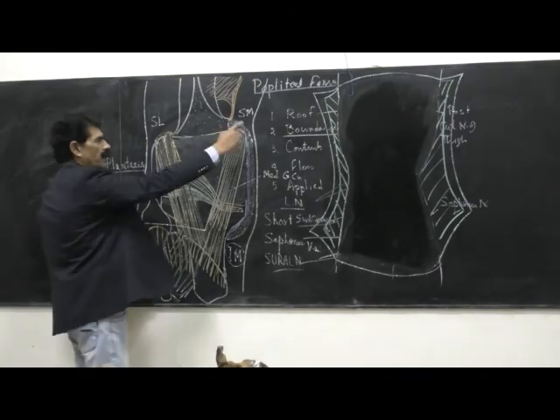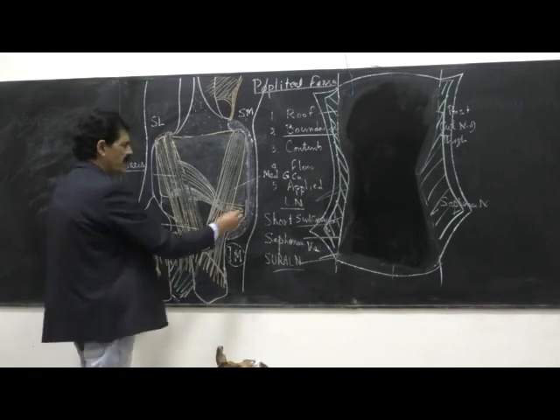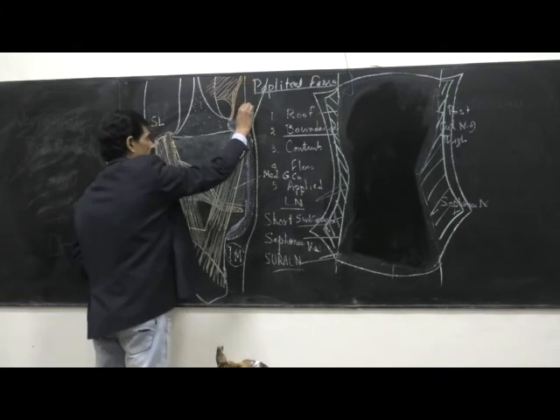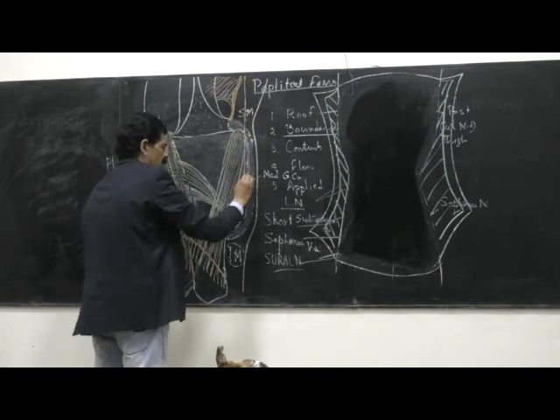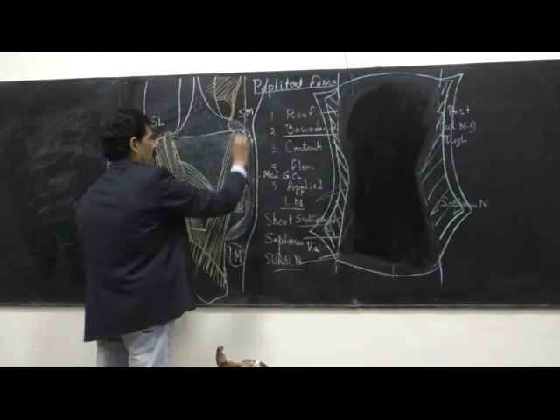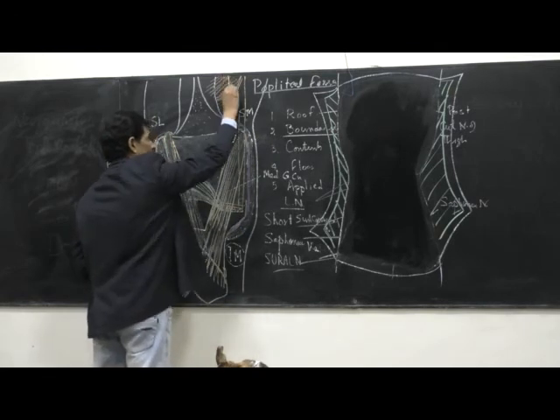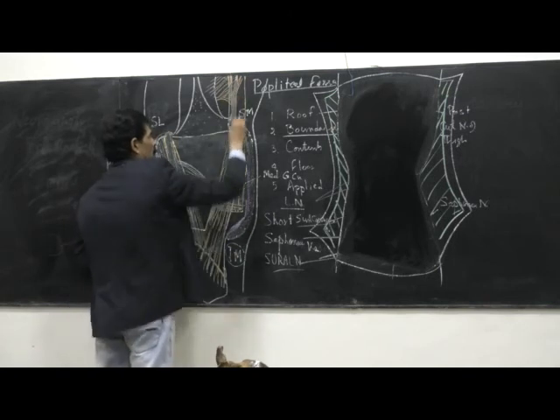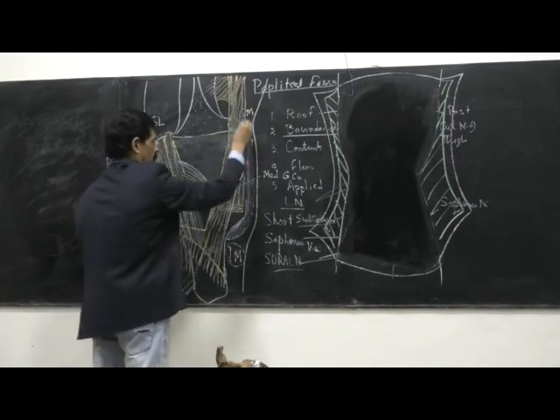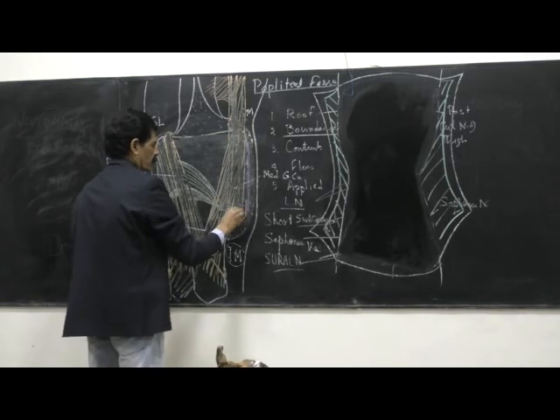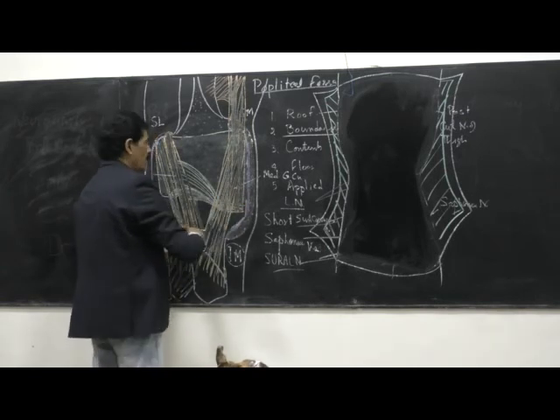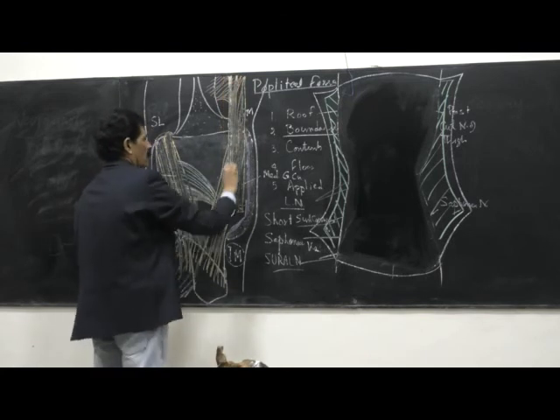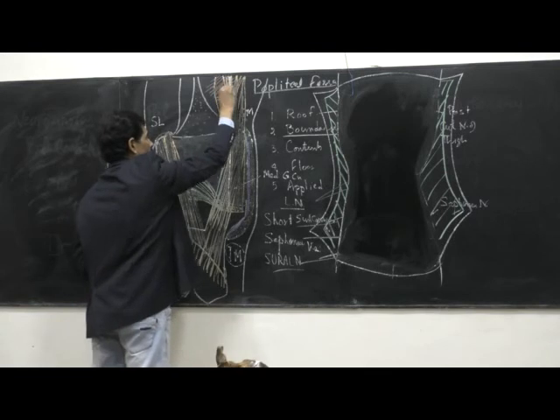The superior-medial boundary is formed by the semimembranosus muscle, a ribbon-shaped muscle we have done in the hamstring. It comes vertically downward and is inserted over the posterior surface of the medial condyle of the tibia. So the semimembranosus comes from the medial side and forms the boundary.